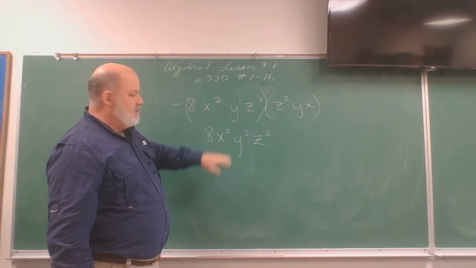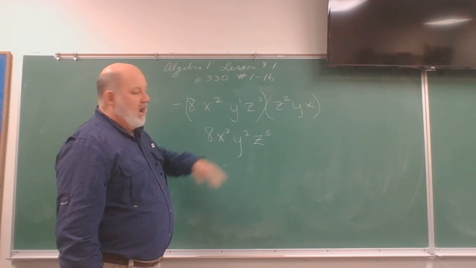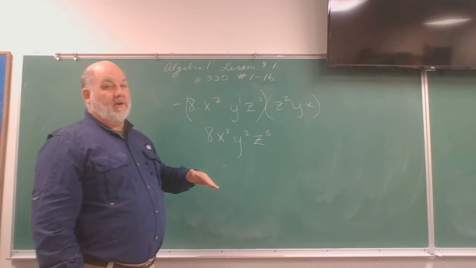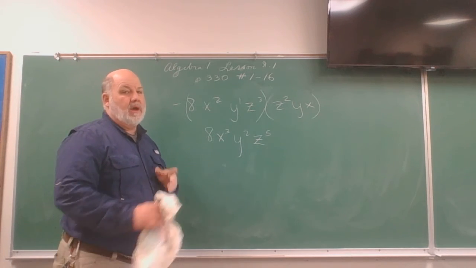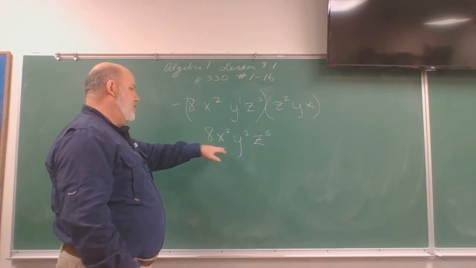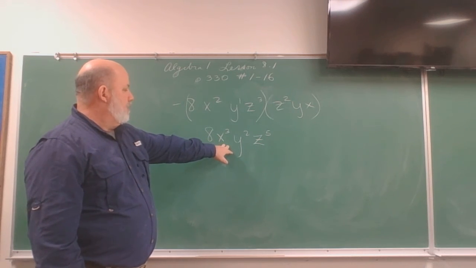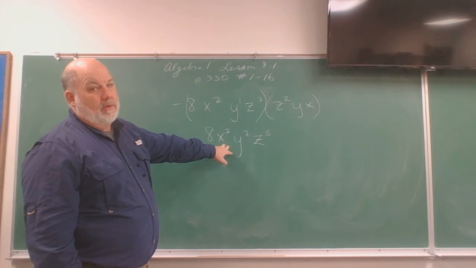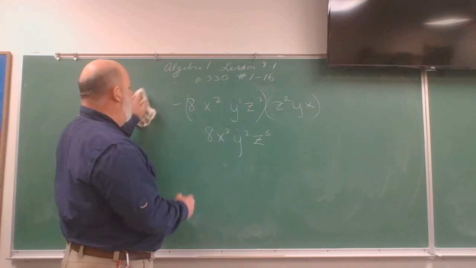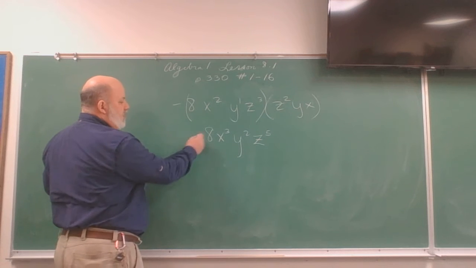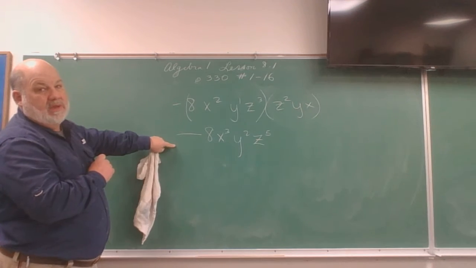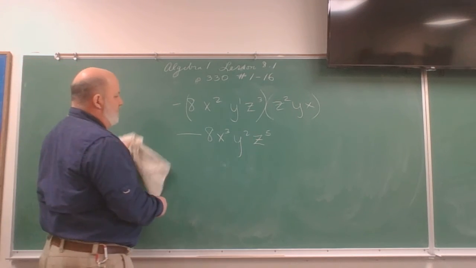You could have the x's first, or the y's first, or the z's first. It does not matter as long as their power stays the same. So there's actually 6 different ways you could write this answer if you started with x or y or z. We won't get into that right now. Oh, and I did forget something very crucial. My answer is negative because of that negative up there.